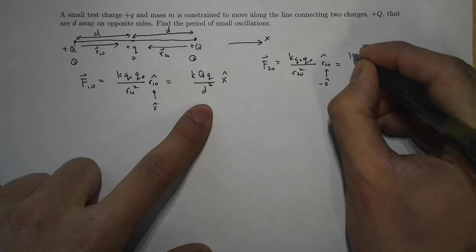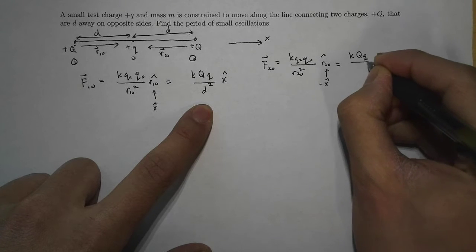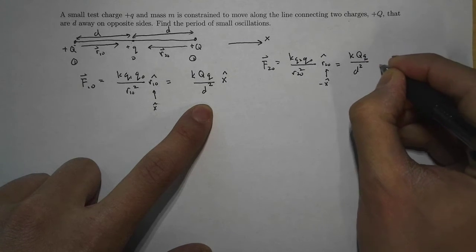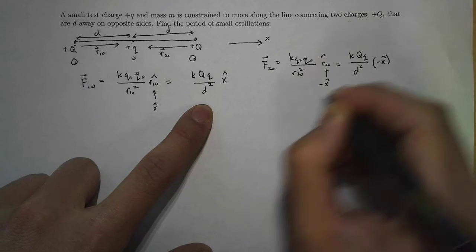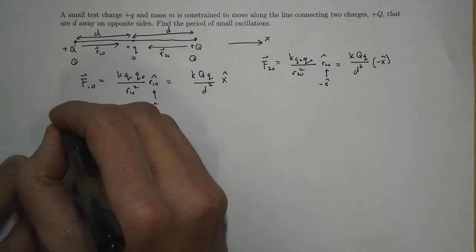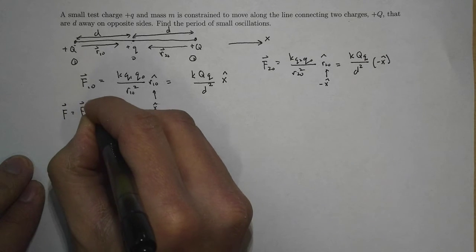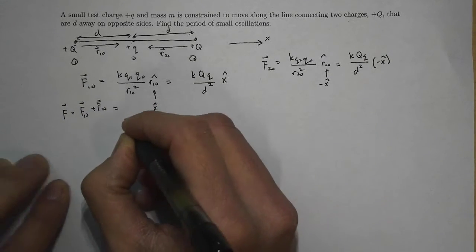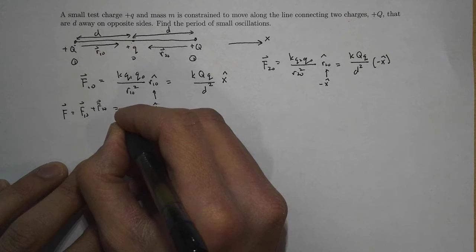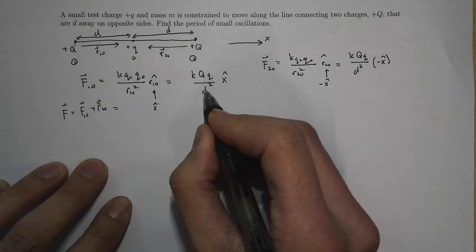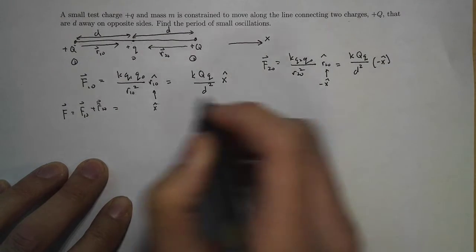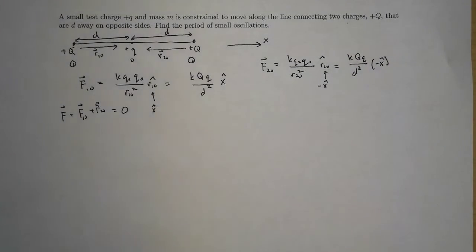So this will simply be k Q q over d squared, minus x hat. Right? So when we sum up the forces, F is just F10 plus F20. Adding this together, this is positive, this is negative, this would be exactly 0.